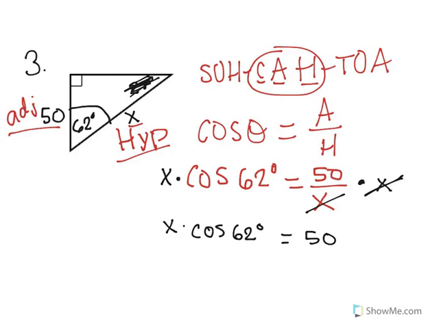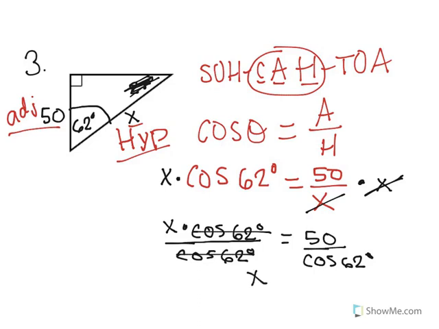Here we just moved x to the left side, which is fine. But to find the value of x, to undo this multiplication, we're going to divide by cosine of 62 degrees. That cancels on the left side. So just bring down your x.